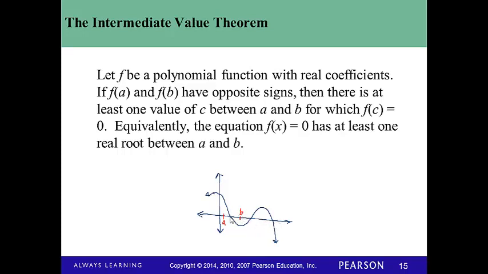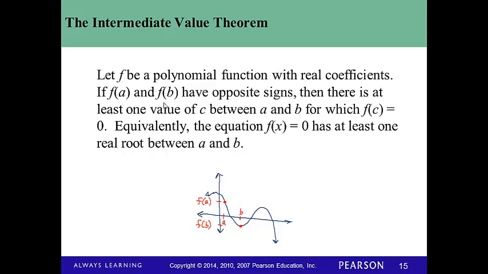If f of A and f of B have opposite signs, so if this is A, f of A must be right here, and if this is B, then f of B must be down here. You notice f of A is positive and f of B is negative.